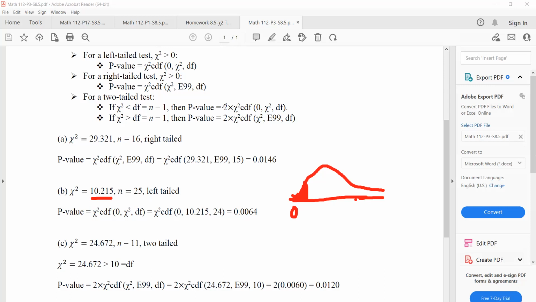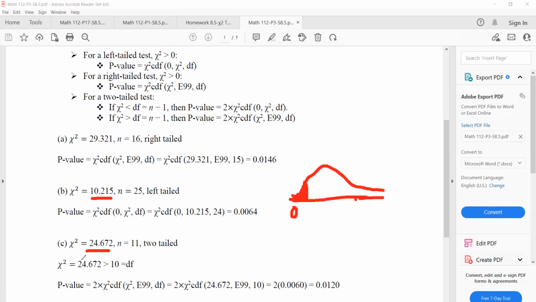We know that we've done it before, but which one do we double and how do we know where it is? Well, you look at the chi-square value and you compare it to your degree of freedom. So if you look at C, it says that chi-squared is 24.672. N is 11, which means that DF is 10.